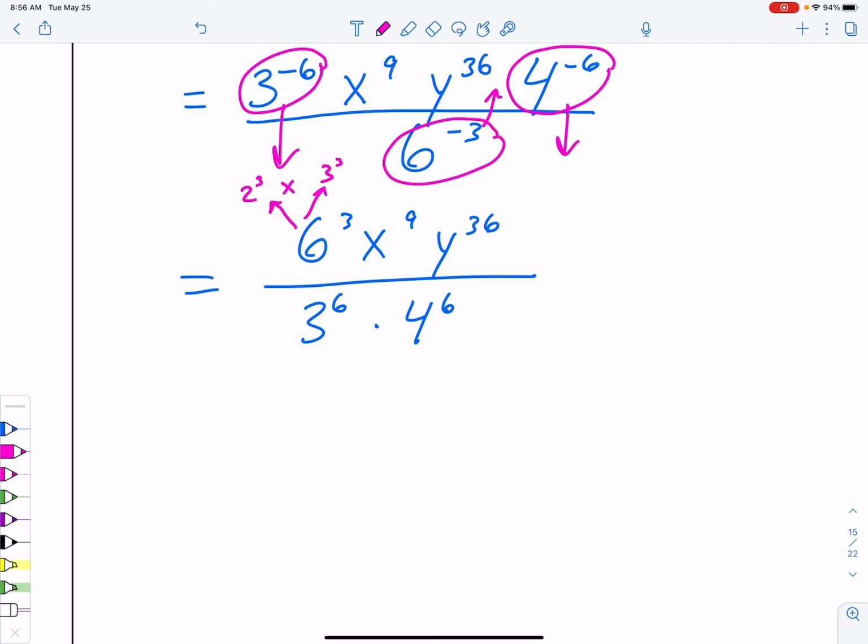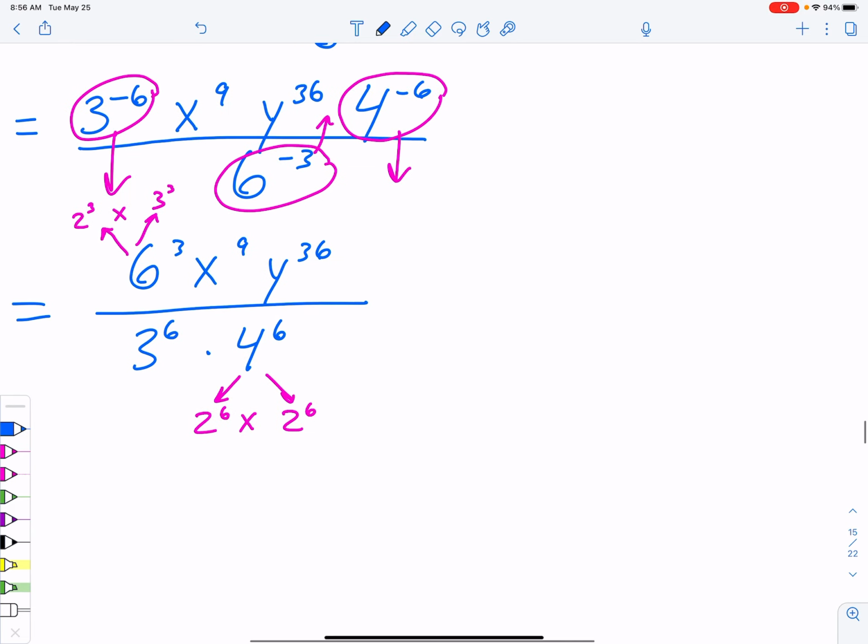And we're going to do the same thing for 4. So 4 is 2 times 2. And if we have an exponent of 6 on the 4, we need to keep the same exponents on our 2's. So now if I write this out, instead of our 6, we're going to write 2 to the 3 and 3 to the 3.